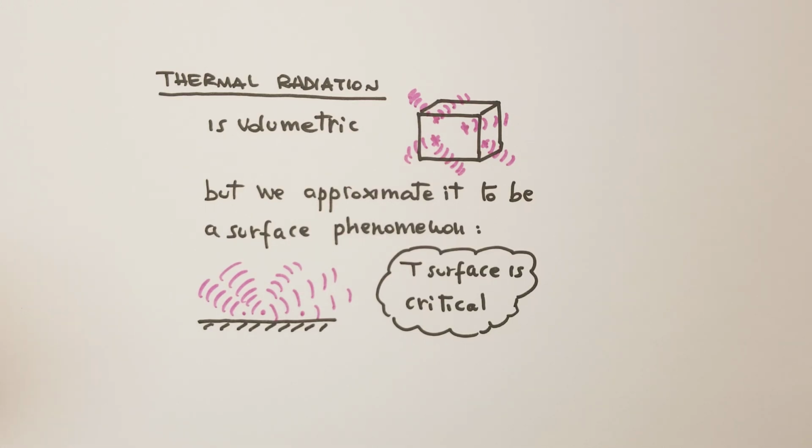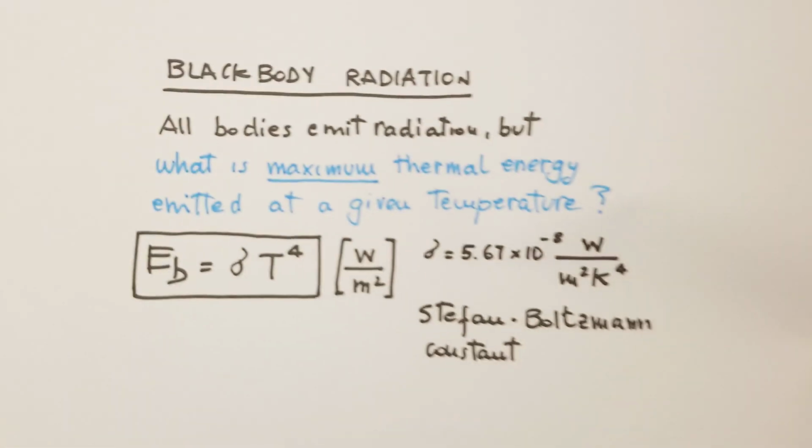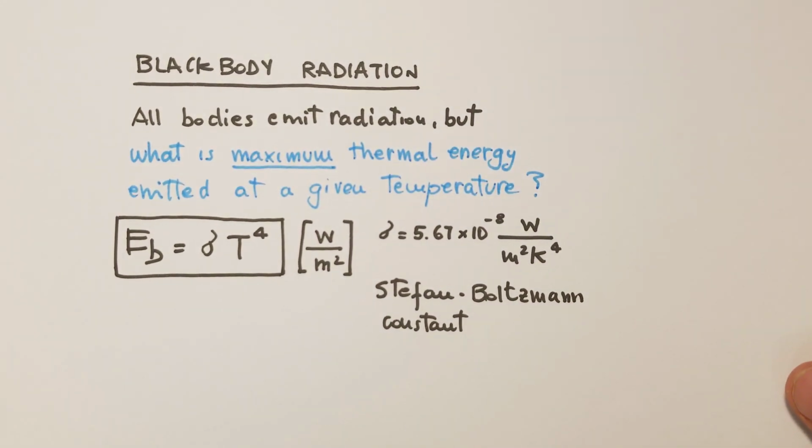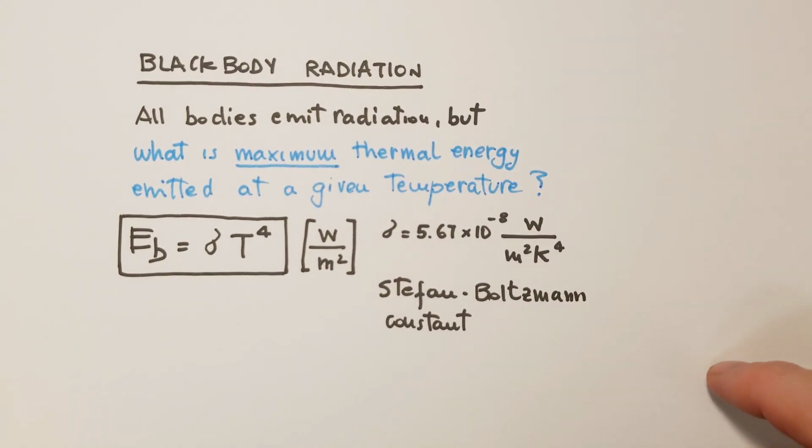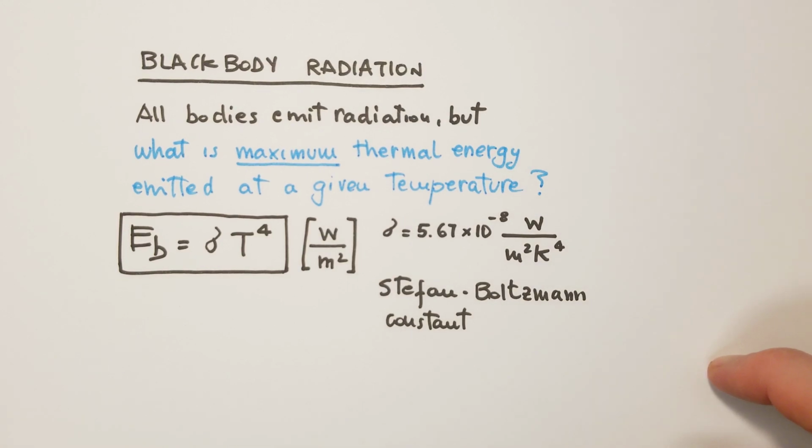Of course, to determine the thermal radiation, we need to know the temperature of the surface. A central concept in the study of radiation is black body radiation. As we said before, all objects, all bodies emit radiation, but the crucial question is, what's the maximum thermal energy emitted at a given temperature?